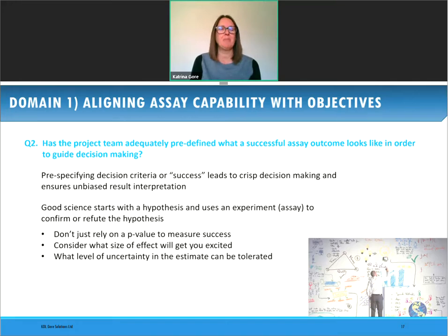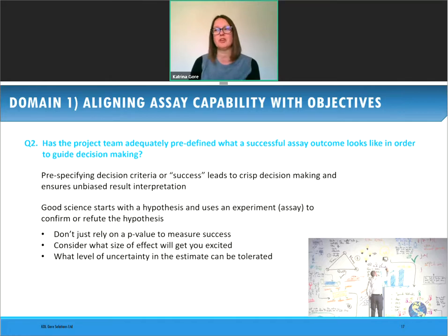I'll stop the analogy now, but for you with your assay, consider what size of effect will get you excited. When you're looking at spontaneously hypertensive rats and pulmonary arterial hypertension, you might want to look at a 10 millimeter of mercury change in response. That might be the threshold that's going to get you excited.